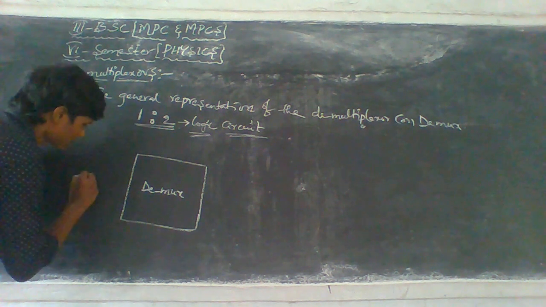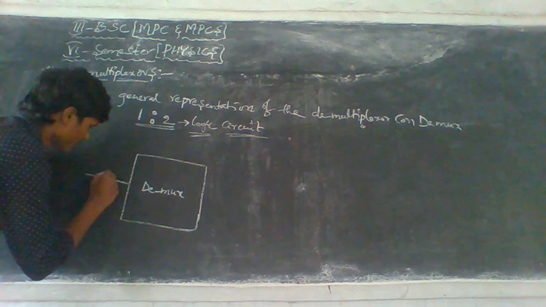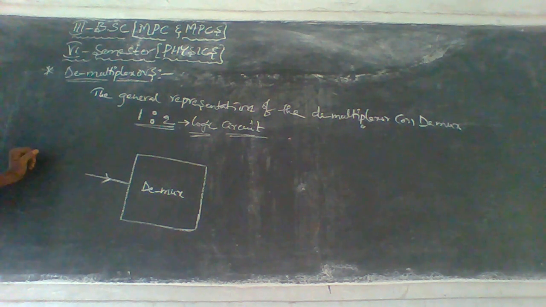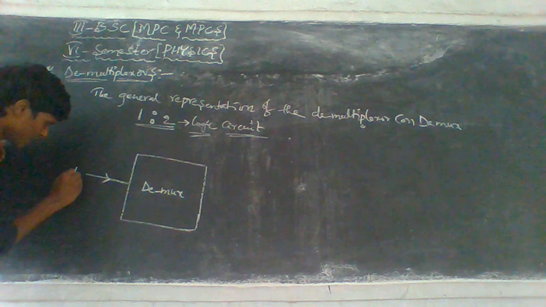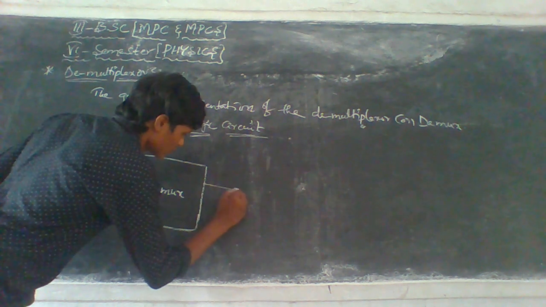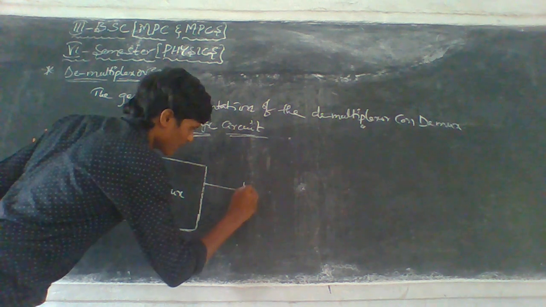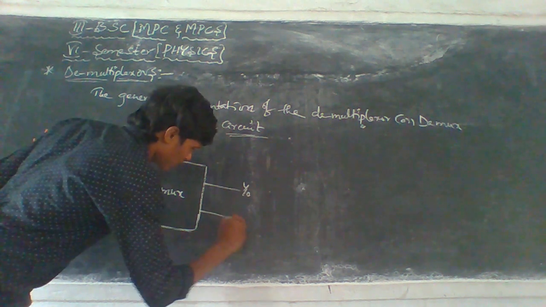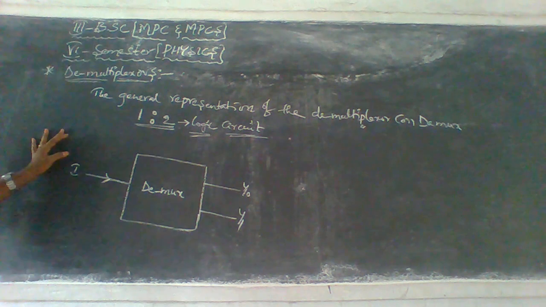It has one input signal, simply called I, and it has two output signals: the first one is Y0 and the other one is Y1.